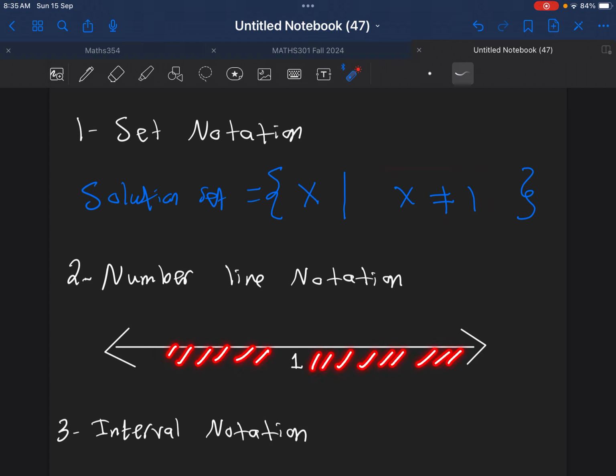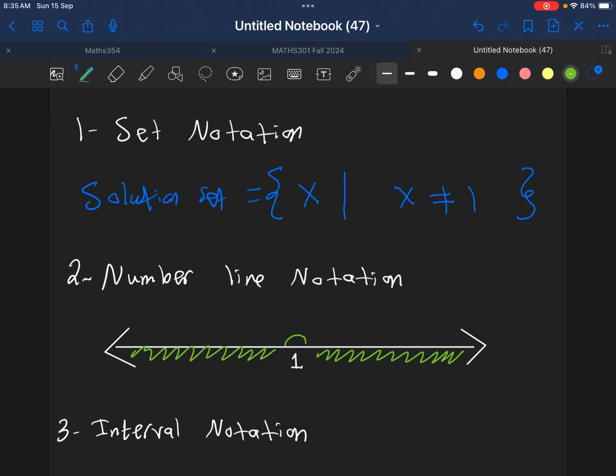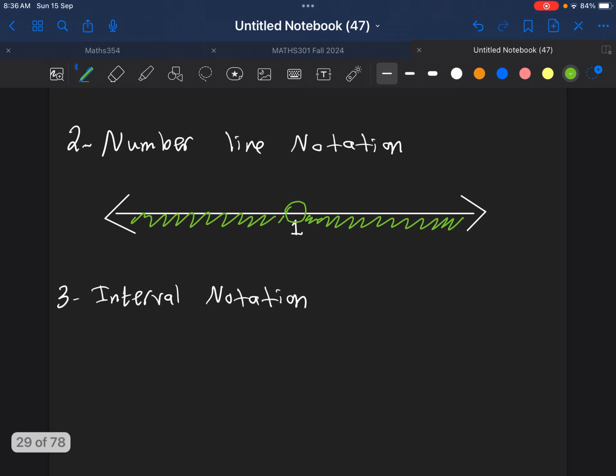You will shade the left side because those are not equal to 1. And at 1, I'm already excluding 1, so I will write it as an open circle. So I'll shade this side, I'll shade this side, and exactly at 1, I'll just write it down as open.